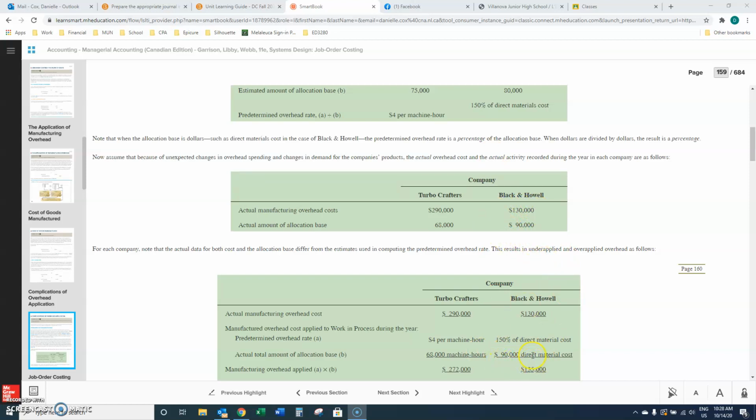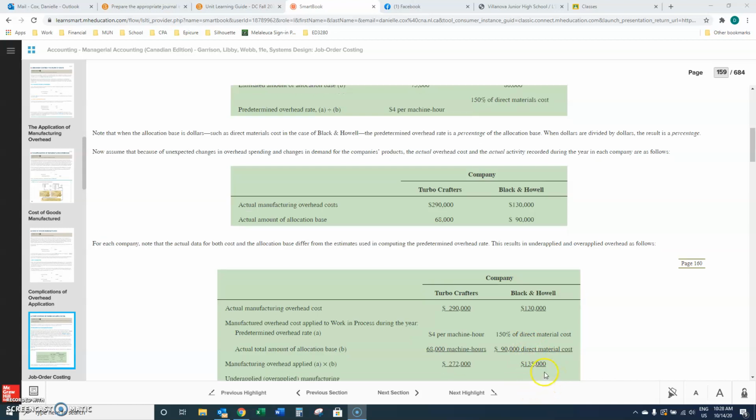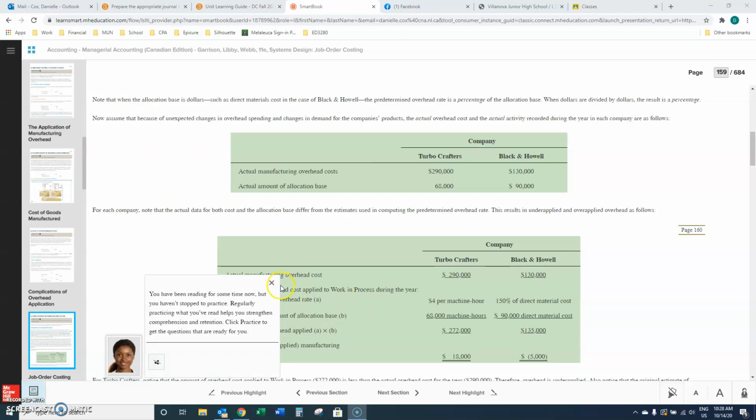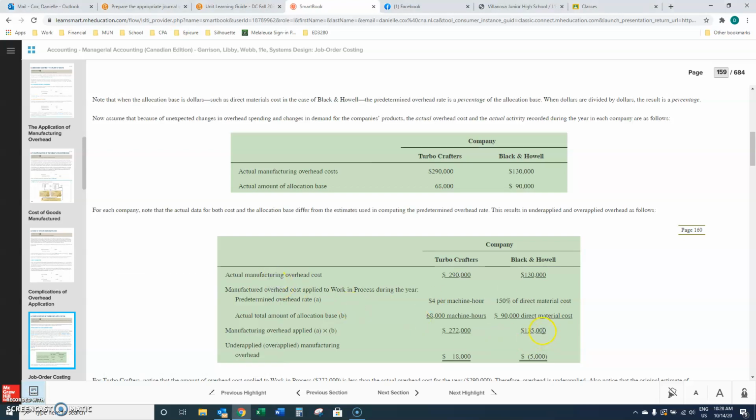So for every dollar they had in direct materials cost, they would have had a predetermined overhead rate of 150% of that. So they would have applied $135,000. Their actual that they should have applied was 130,000. They ended up applying, based on their estimates, 135,000. Therefore, they applied $5,000 more than they needed to. So they over-applied their overhead.